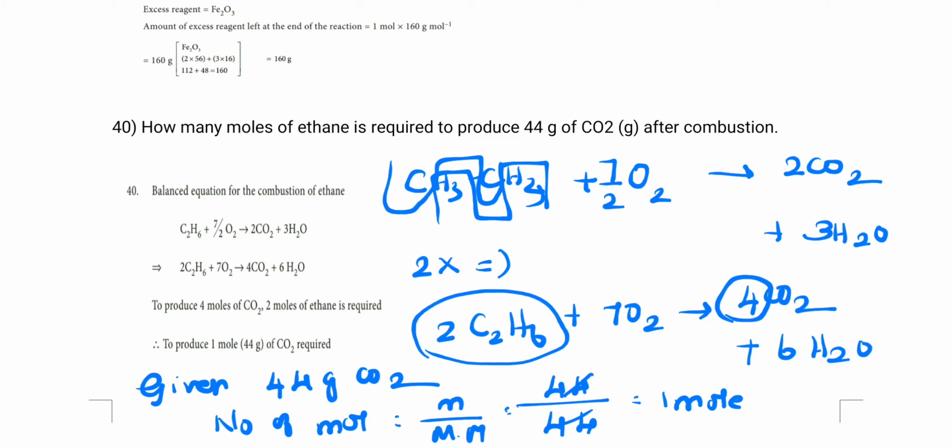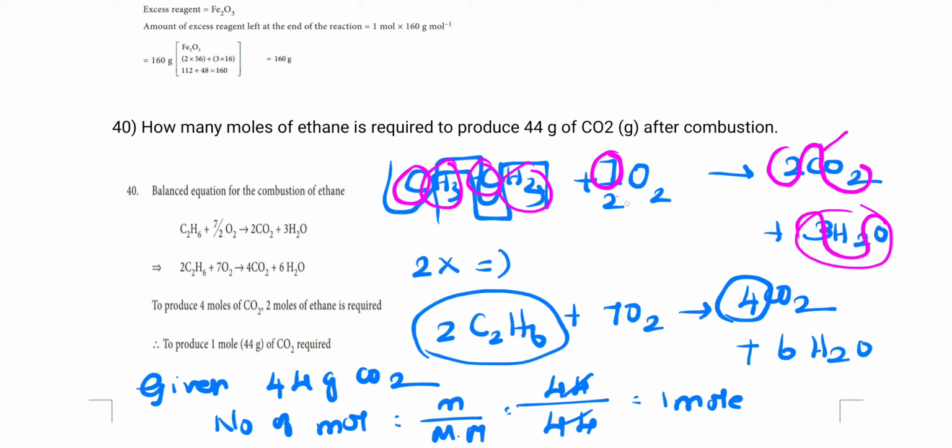Okay? So now what we have to do is equate. Understood? First, I will write the equation. When writing the equation, ethane, the carbon combined with oxygen is removed as carbon dioxide. Then hydrogen, 3 plus 3, 6 hydrogen combined with oxygen forms 3 water molecules. So the total number of oxygens is 2 into 2, 4 oxygen, plus 3 oxygen, 4 plus 3, 7 oxygen. Since 7 oxygen means an oxygen molecule, I have written 7/2 oxygen. Whenever a 2 comes in the denominator, you have to multiply everything by 2.